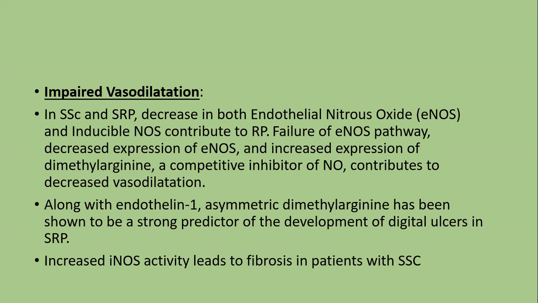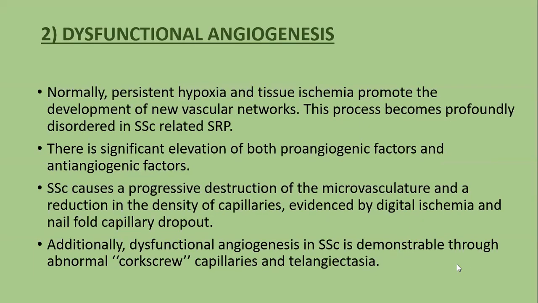Increased inducible nitric oxide activity leads to fibrosis in patients with systemic sclerosis. Then the second phenomenon is dysfunctional angiogenesis.